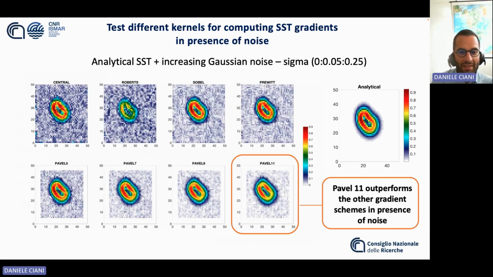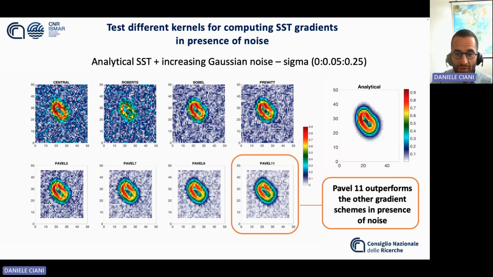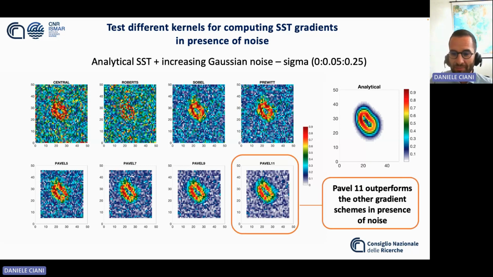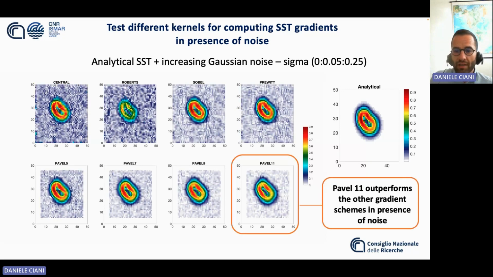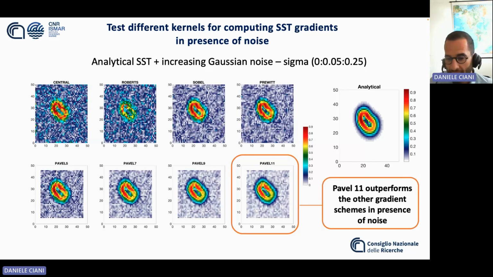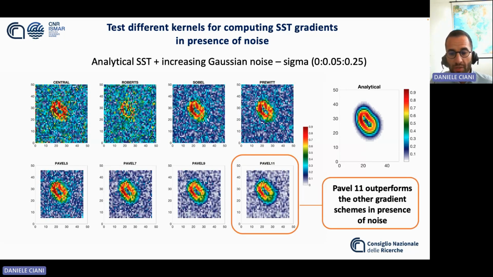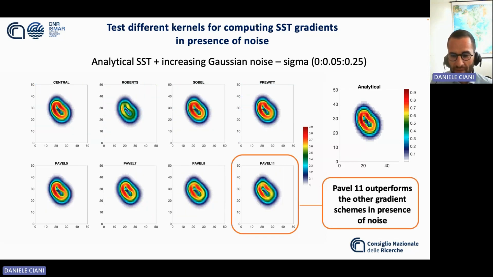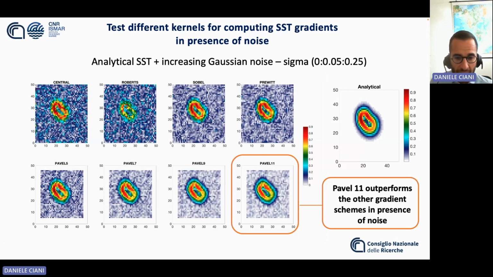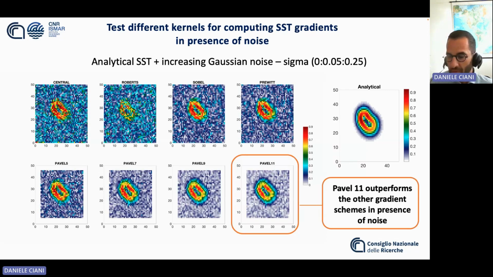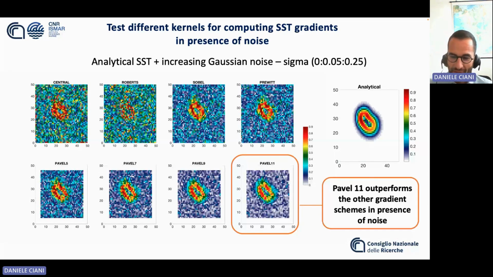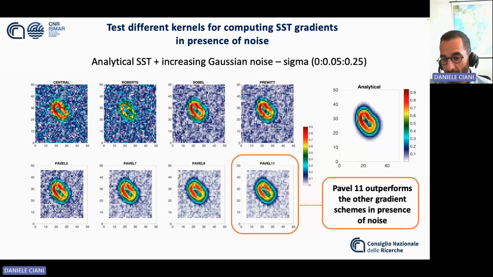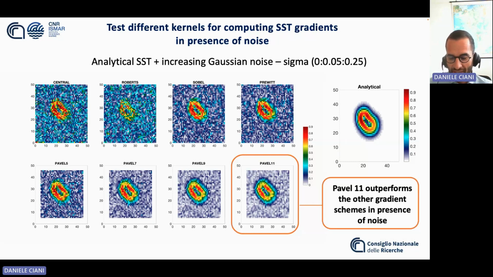But very interestingly, the situation changed a lot when we start introducing radiometric noise. Here we just introduce Gaussian noise with increasingly high standard deviation. And you can see that in this case, Pavel 11 kernel, which is the one that accounts for 5 points left and right of a specific location in which we want to estimate the gradient intensity, is the one that outperforms all the other estimators and that is able to best represent the frontal areas, so the areas in which we switch from no gradient to a larger gradient intensity.